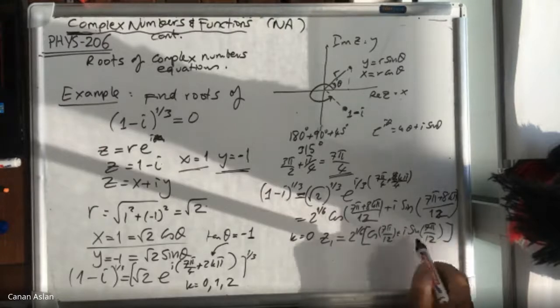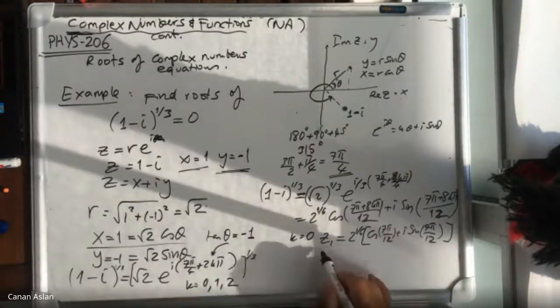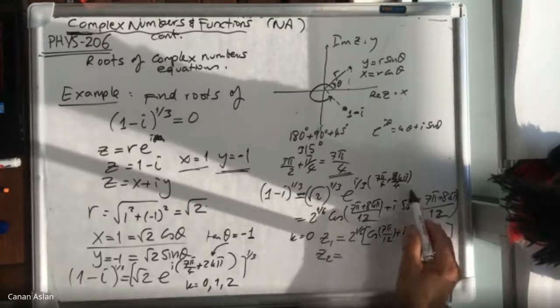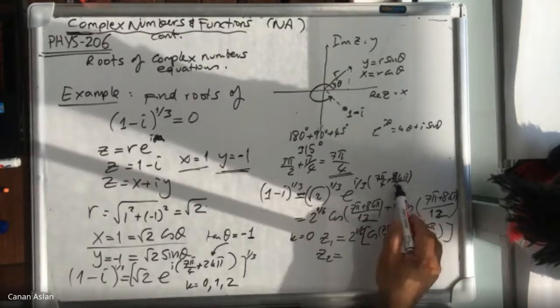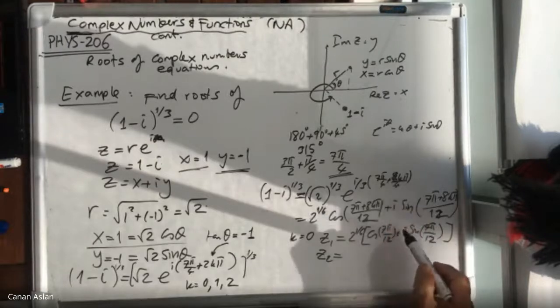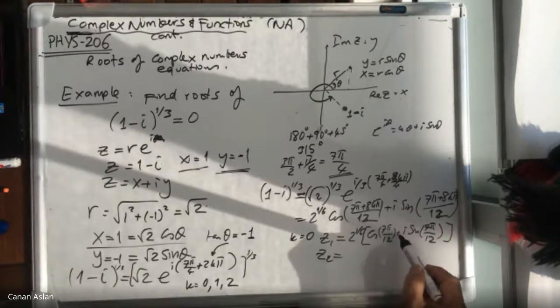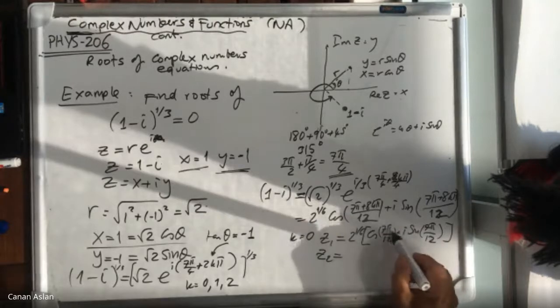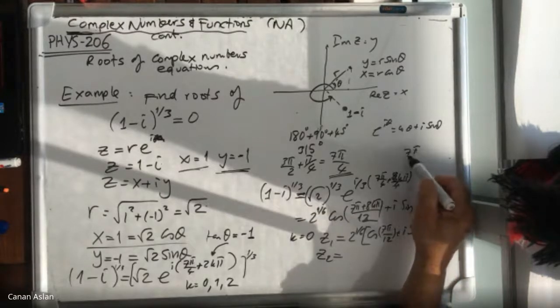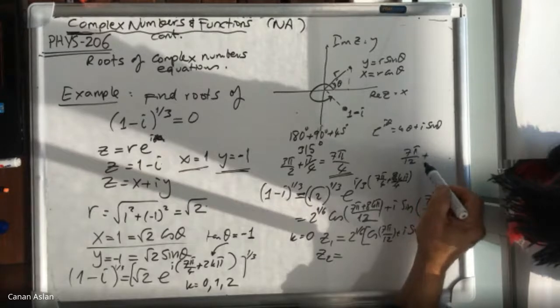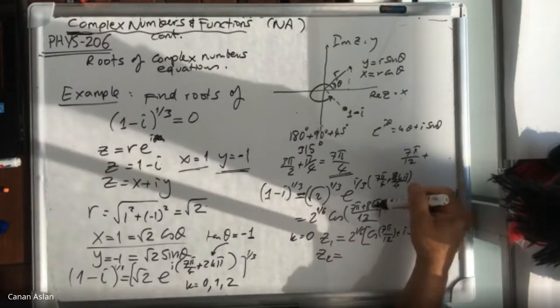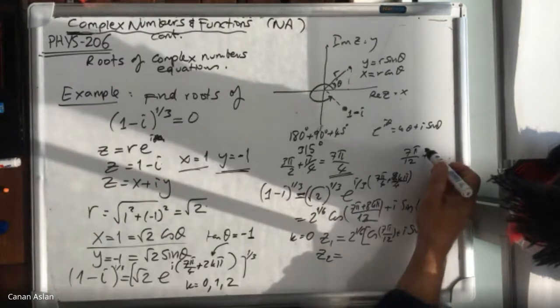Everything should be multiplied by this 2 to the 1/6, and then z2 is when k equals 1. When k equals 1, you just add 8 pi over 12 to the 7 pi over 12, which gives you 15 pi over 12.